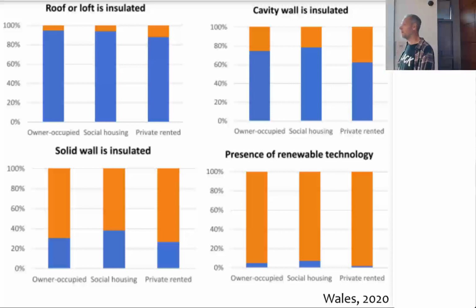But you are the one who's paying for the heating, right? So it is in your interest to insulate your home, because that would reduce your energy bill, but you are not allowed to touch this, right?